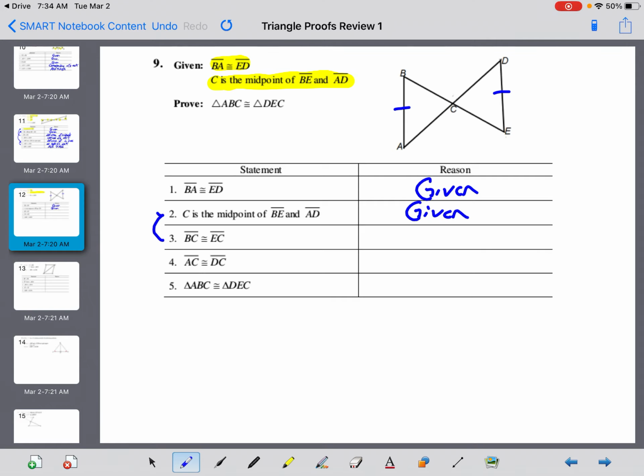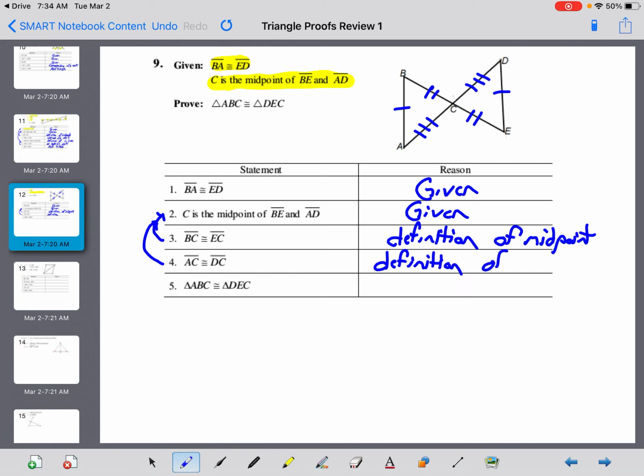Okay, now these two statements are going to play off of statement 2, that BC is congruent to CE and that AC is congruent to CD. Okay, and we're just going to write definition of a midpoint. And from what I see in the picture, we have side, side, side, congruent to side, side, side.